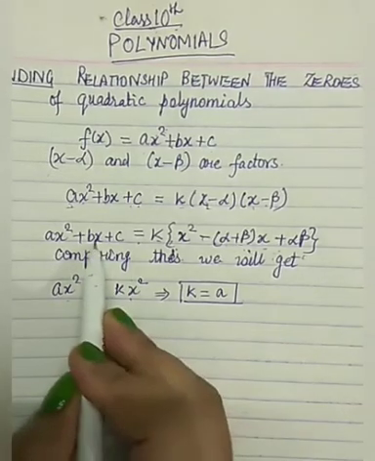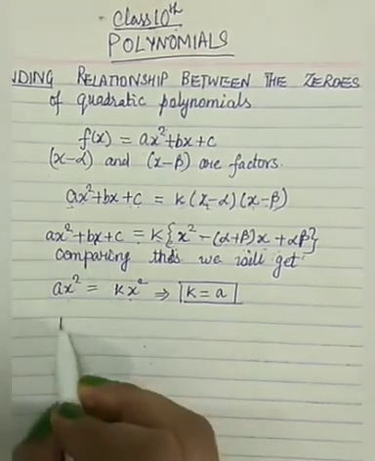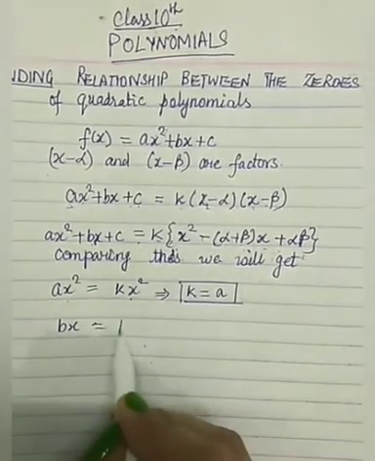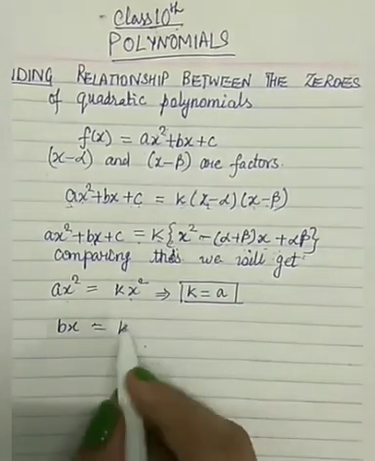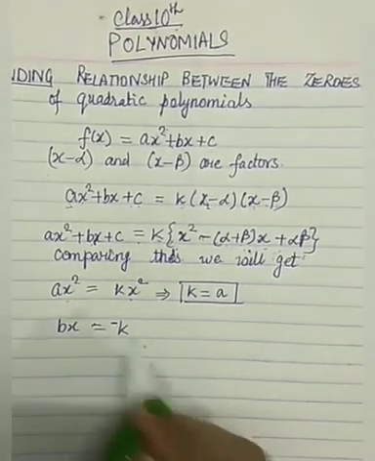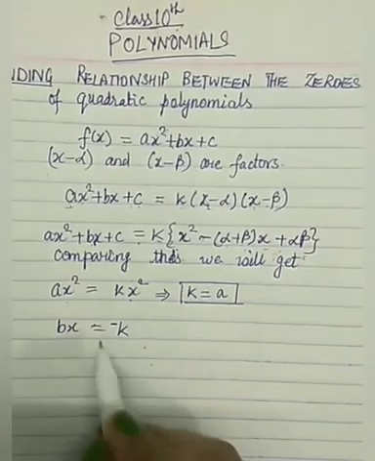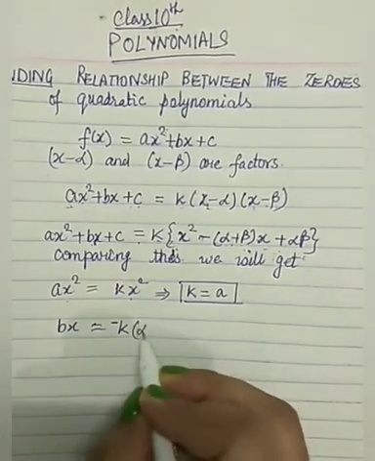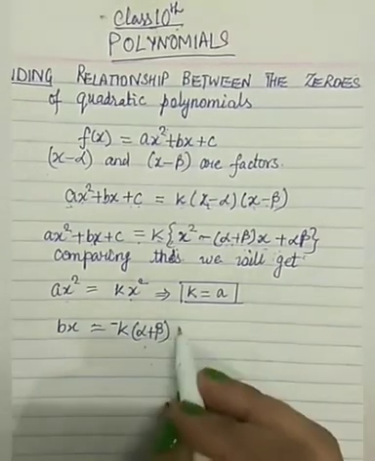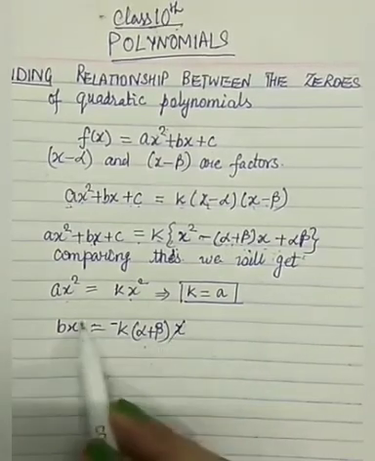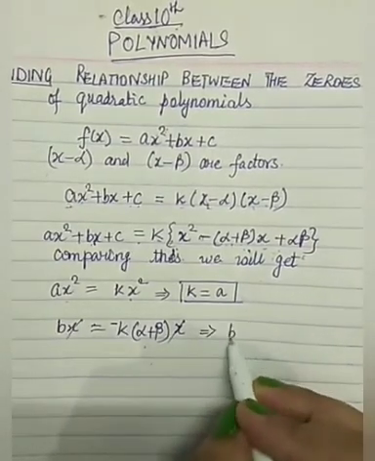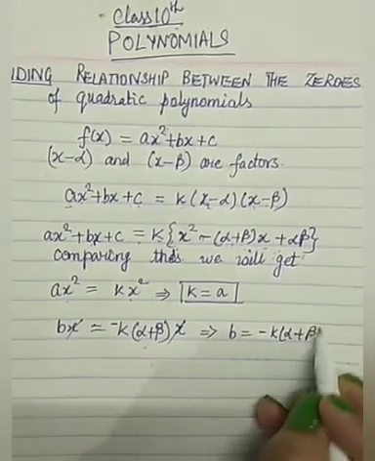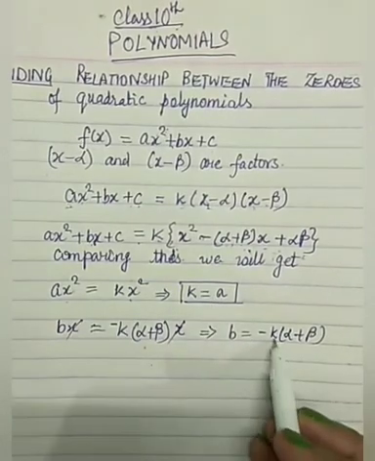Now compare the second term of this polynomial, bx, with the linear term in x. It is negative k times alpha plus beta, then x. So b equals minus k times alpha plus beta. K is a only.